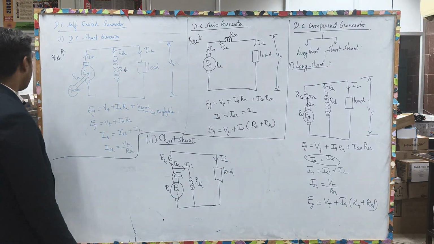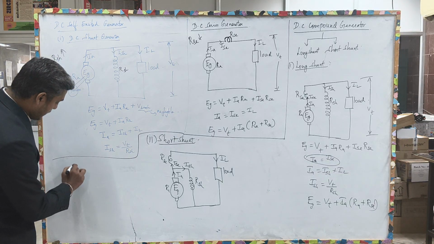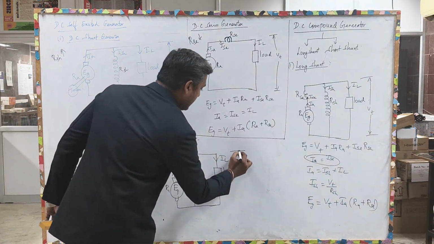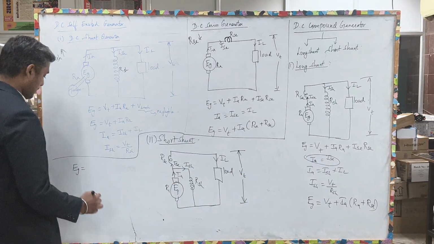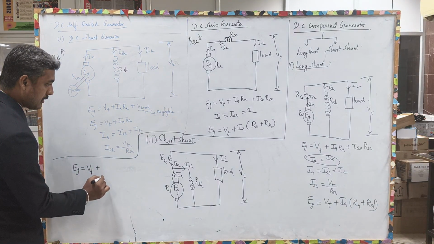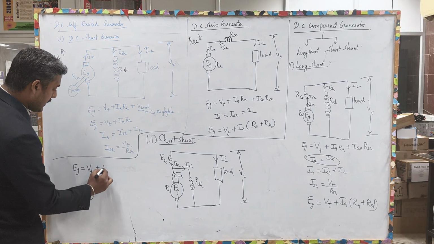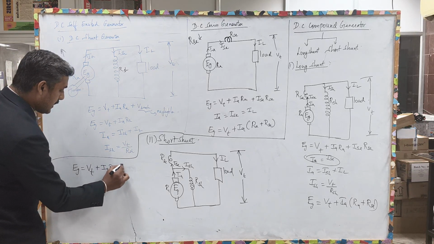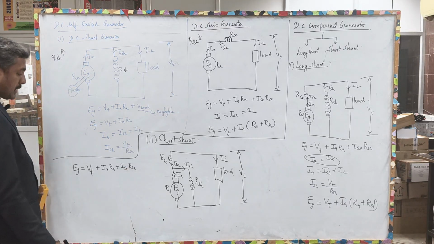Now write the electrical equation of the circuit: Eg equal to terminal voltage Vt plus Ia into Ra plus Ise into Rse.